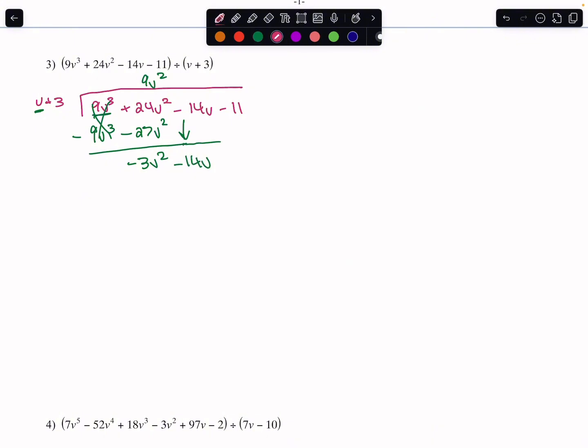And then negative 3v times that 3 in the front, I'm looking over here, is going to be negative 9v. Going to go through, change the signs. That goes away. Negative 14v plus 9v is going to be 5v. And I'm going to drop down this 11.